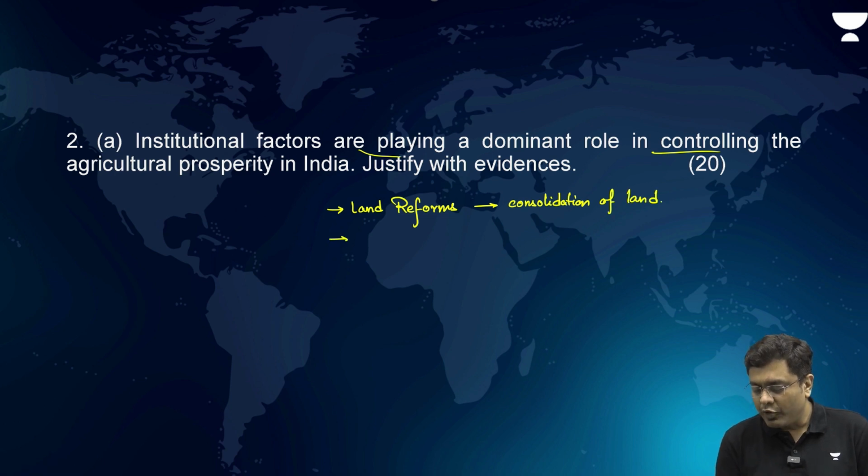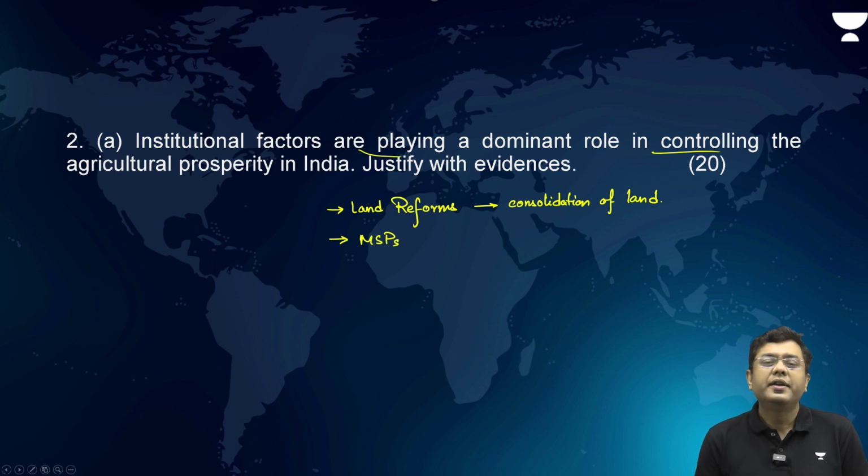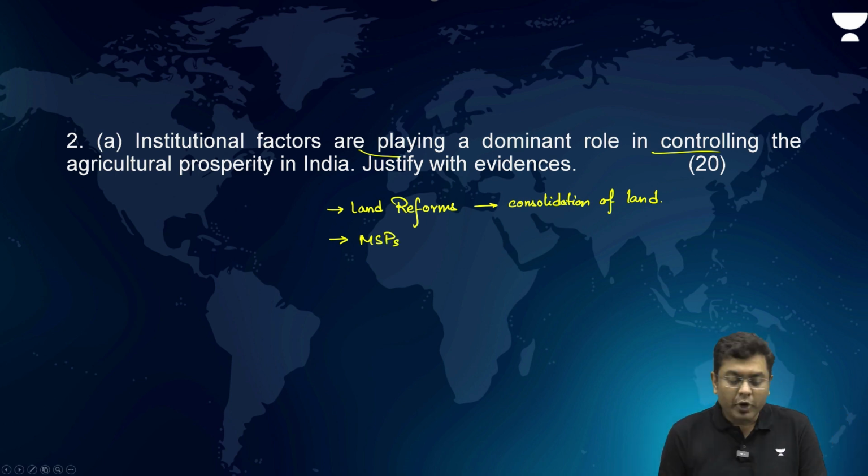Then you have to talk about MSPs, minimum support prices that are provided, that has also brought about significant agricultural prosperity, commercialization, then agricultural subsidies, subsidies to the farm inputs that are provided, irrigational mechanisms which have been provided with the building of canal networks, right? Then command area programs, etc.